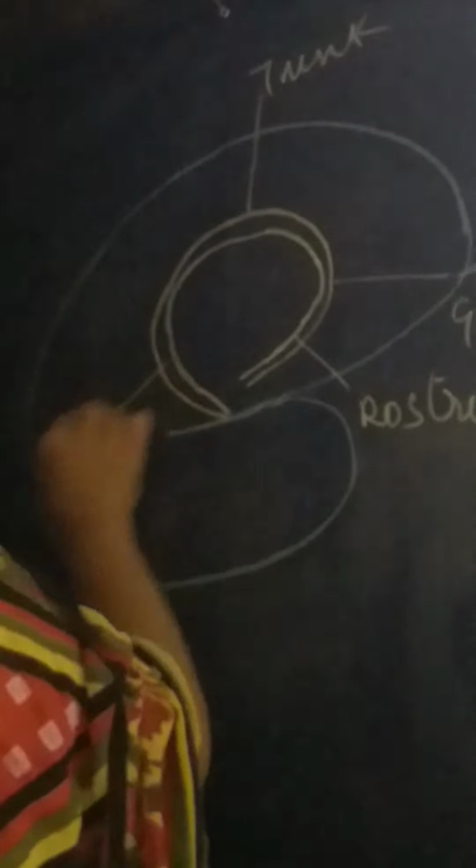So this is the rostrum. This is the genu. Genu means a bend, that's why it is called genu. This is the trunk of the corpus callosum and here is the splenium.